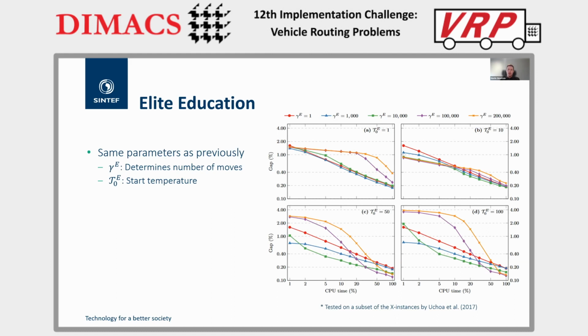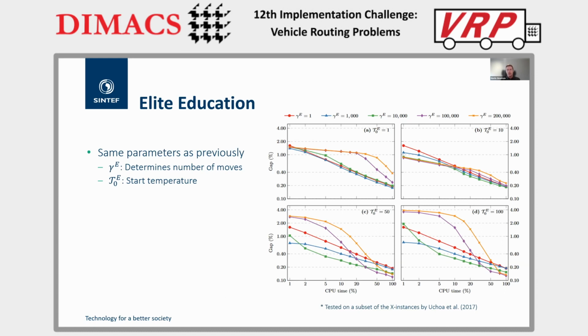Then we see that as we increase gamma E, we spend more and more time on a single solution before the genetic algorithm kicks in. And if you take a look at the red line, or the line with circles, that's like the baseline, because we previously chose gamma E or gamma to be 1 in the regular education.